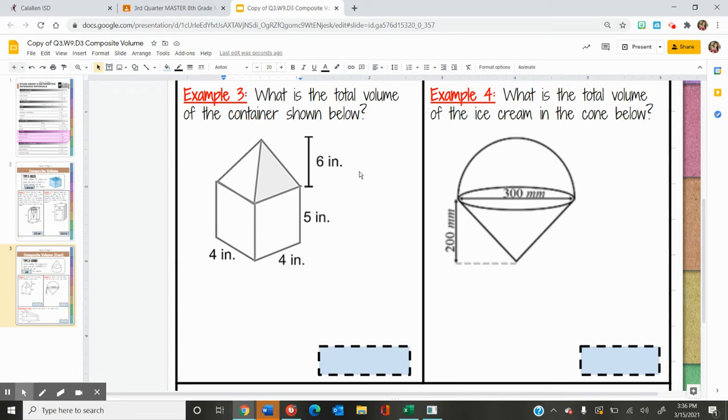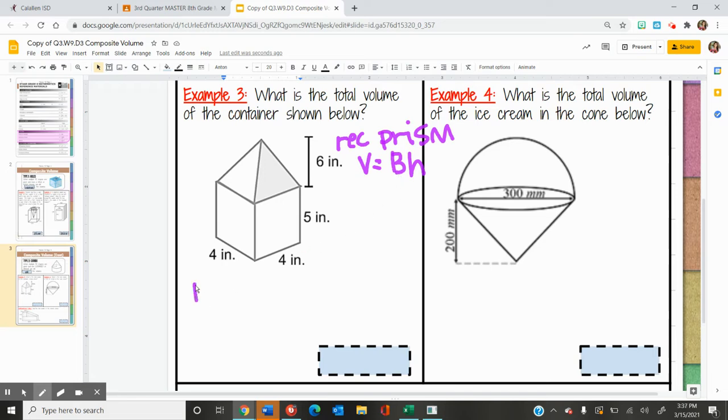So my first step is to find the volume of my prism. The formula for a rectangular prism is volume equals the area of my base, which is capital B, times little h, which is the height of my prism.